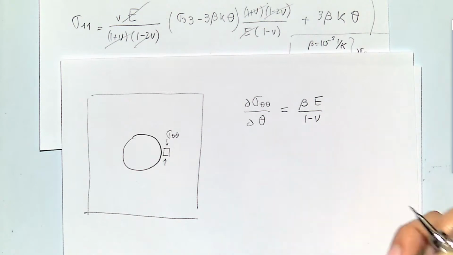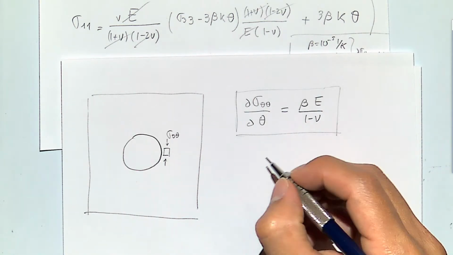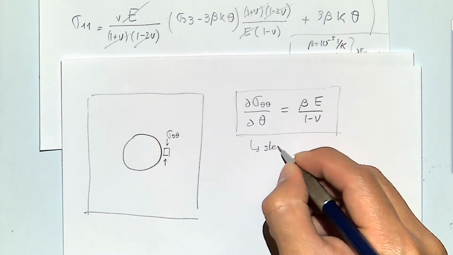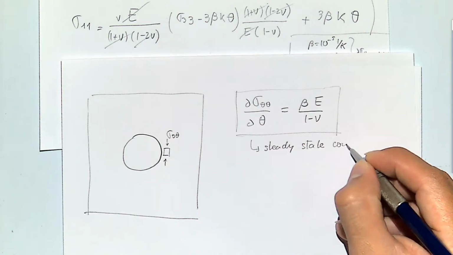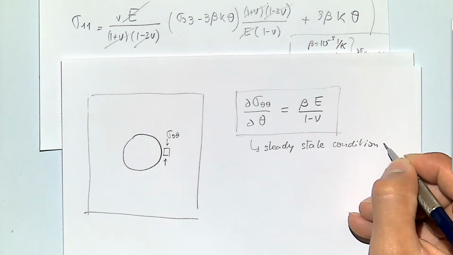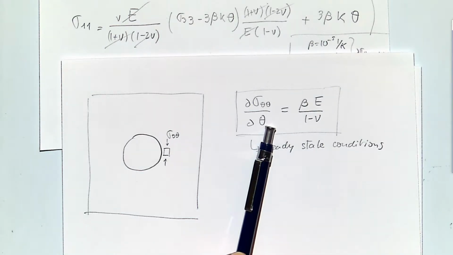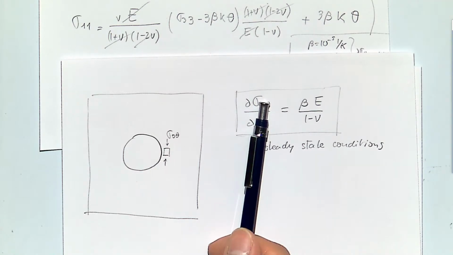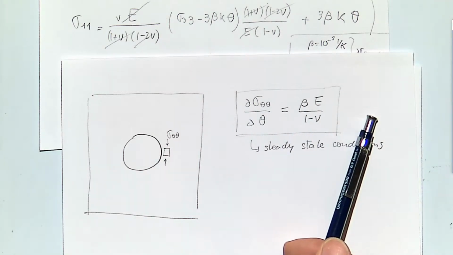And this one is actually at steady state conditions. That means that it's not changing with time anymore. So, for example, if you were to change the temperature 10 degrees, then your changing hoop stress would be this times 10 degrees.